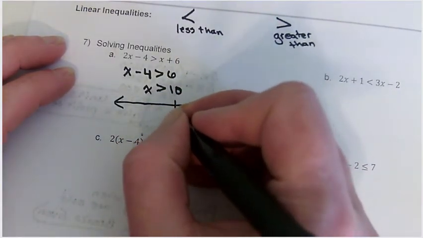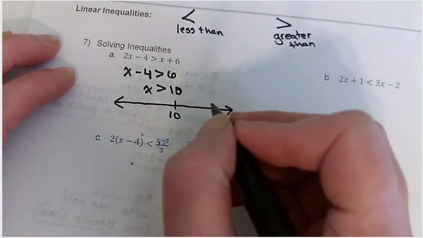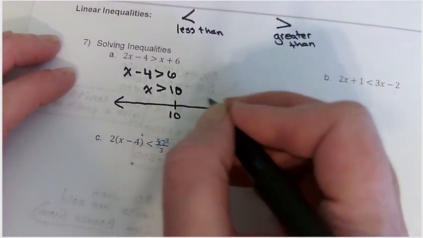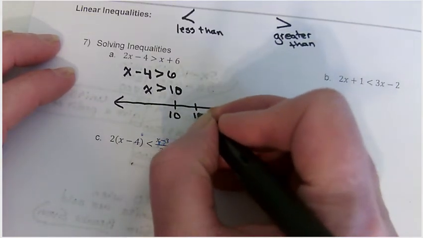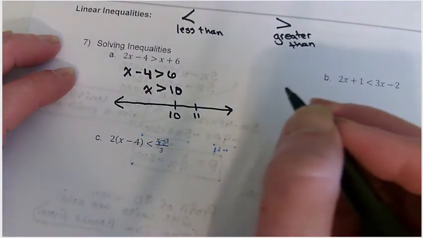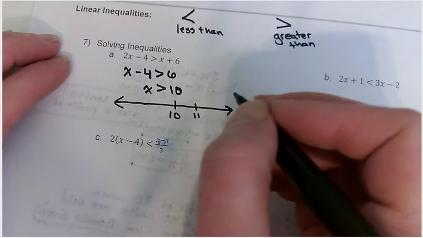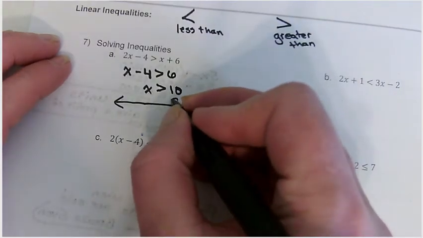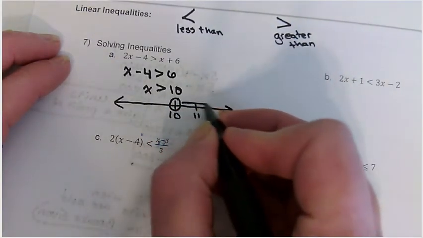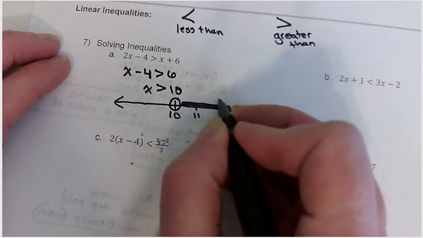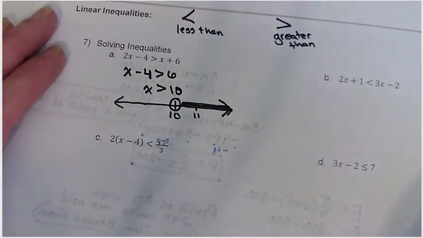So on a number line, it doesn't include 10, but it doesn't start at 11 either, because there's numbers between 10 and 11. There's 10.5, there's 10.1, there's 10.000001. So we would put an open circle and then shade to the right for greater than.